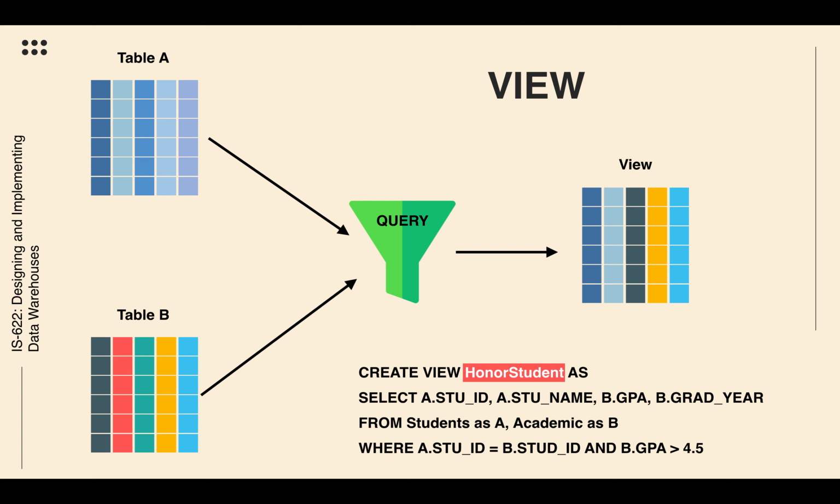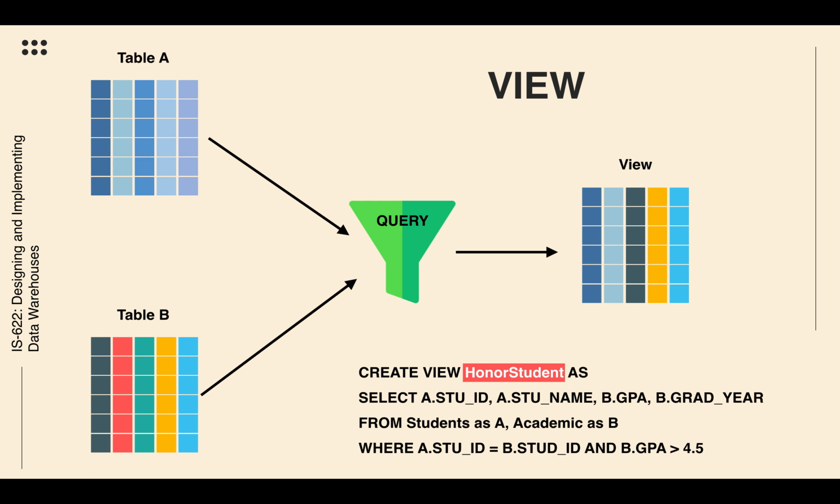So here is an example of creating a view. We say create view honor student as, so I'm creating a table, a list of all the honor students. Then you usually have a bracket and say select student ID and student name from table A, from the table named student. And then I'm selecting the GPA and the graduation year from table B. Then I'm joining them, which is the inner join.